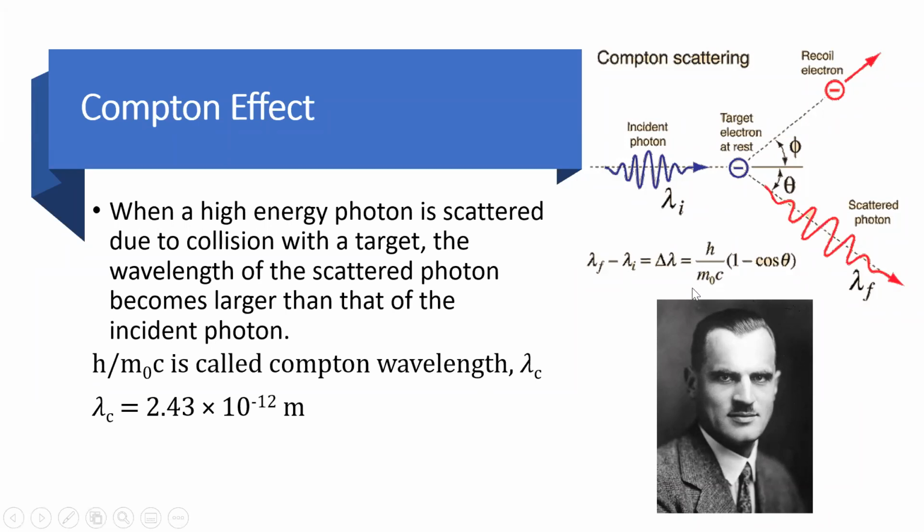Why do we have to mention rest mass? Why not just mass? At the beginning of this chapter, we were discussing relativity, right? So we know that as a particle moves with very high velocity, its mass is relative in nature. Its mass increases. So the mass of the electron, if it is moving with very high velocity, m will be equal to m naught divided by root of 1 minus v square by c square.